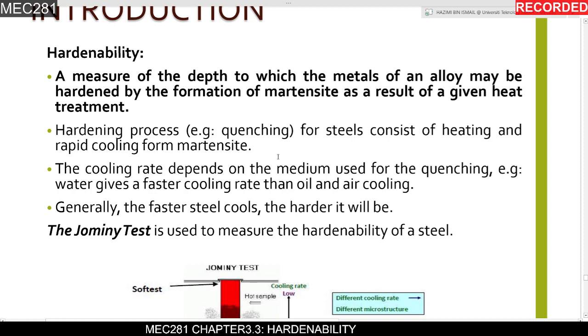The quenching process is similar, but in the modern way we have a more sophisticated and more accurate process to form steel with high hardness.